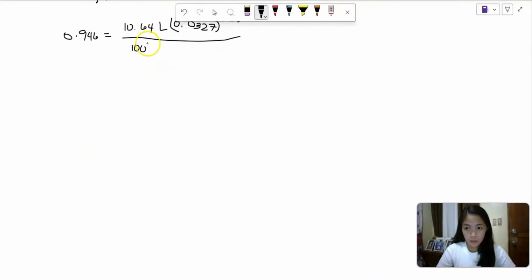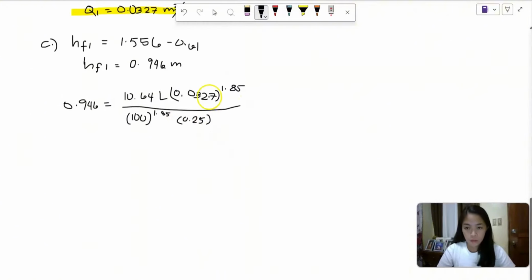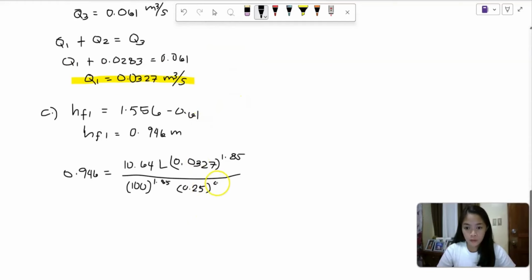Then raised to 1.85. Then the diameter, which is 0.25, raised to 4.87.